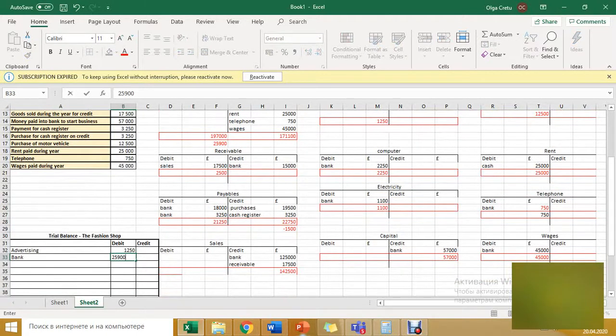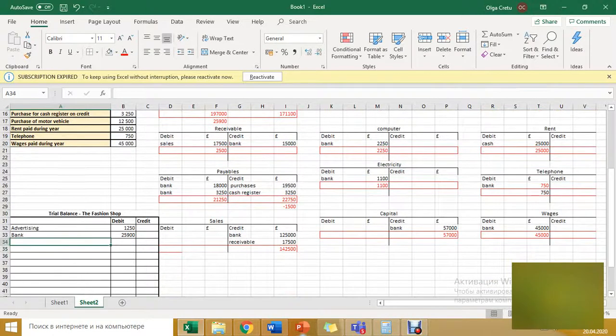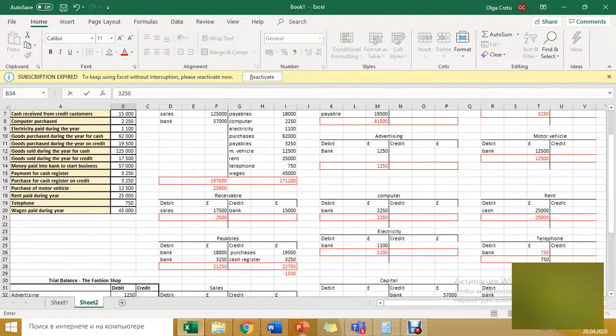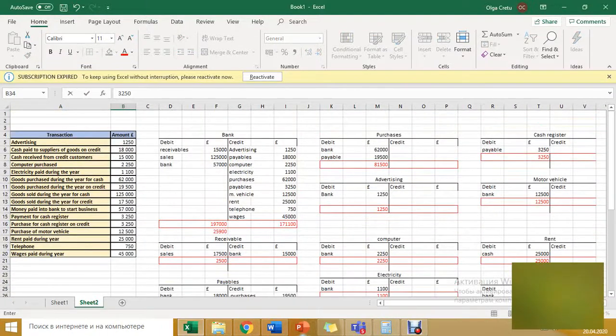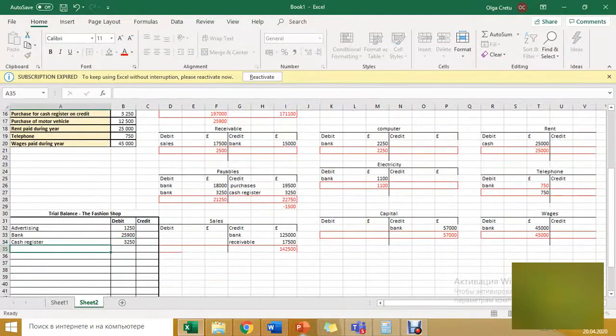Then we have the cash register with 3,250, right? And then we have computer with 2,250.